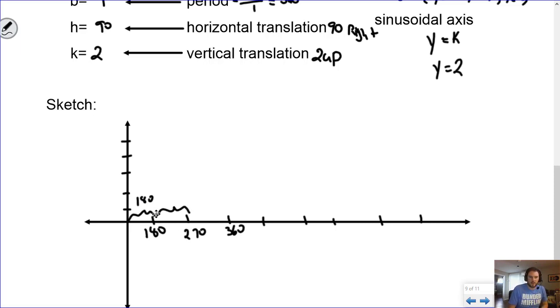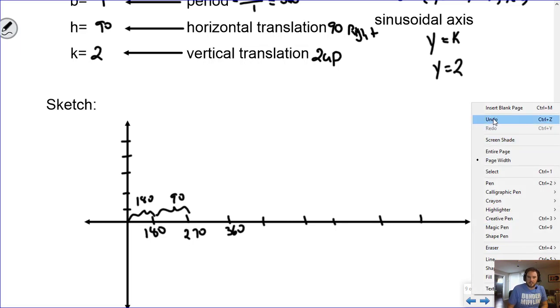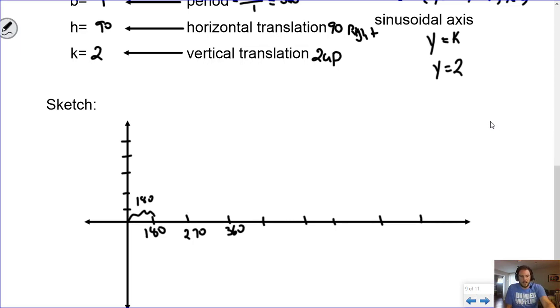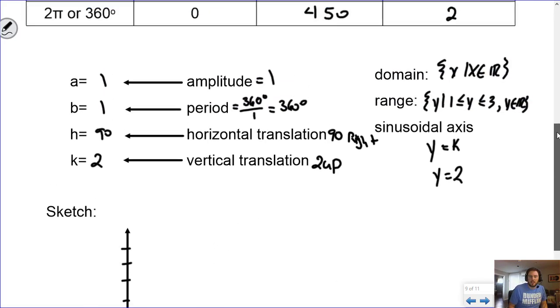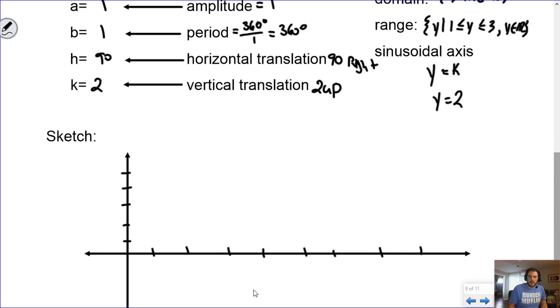But then this next jump is 90 units, right? We can't do that. That's not okay because if we're going to pick a scale along our x or our y axis, we've got to make sure that it is consistent, right? So let's get rid of that for a second. So in this case, my scale, I'm going to use a scale of 90 degrees because that's how my graph is shifting.